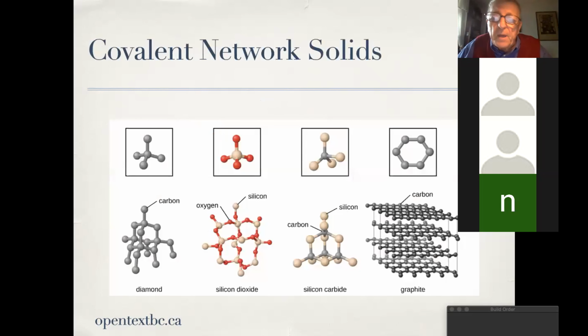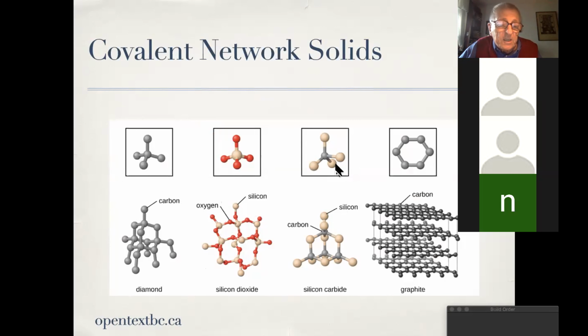And eventually we have covalent network solids, like carbon, and that is the structure of a diamond. We have a similar structure here, this is silicon dioxide. But as you see, the bonding is very much different.